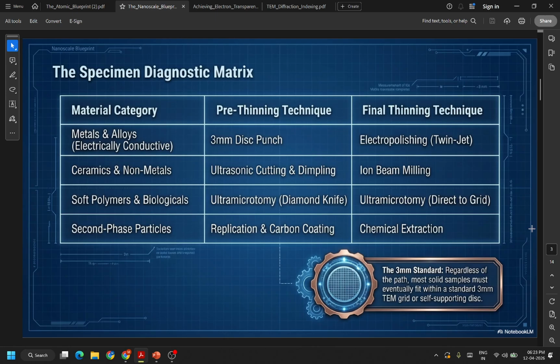And there's a standard of having the material radius around 3 millimeters. So most solid samples must eventually fit within a standard 3 millimeter TEM grid or a self-supporting disc.